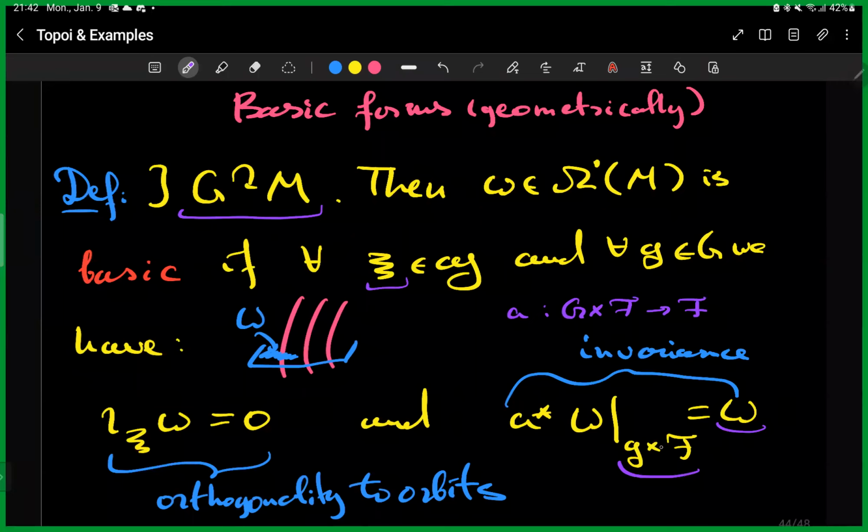So we take small g times F. It's just a fiber inside of this product. And then we require this to coincide with the form which we just pulled back. And so geometrically, it means that these forms are concentrated on planes orthogonal to the orbits of the action. Okay.